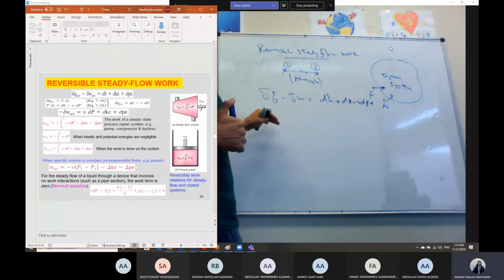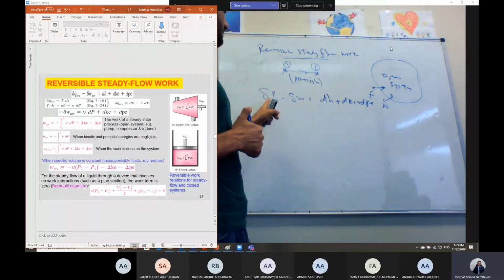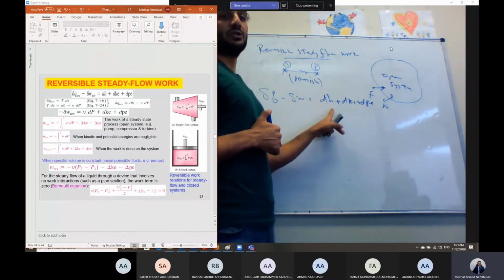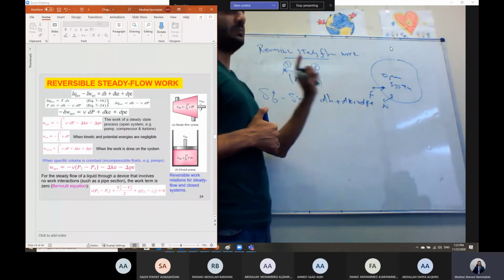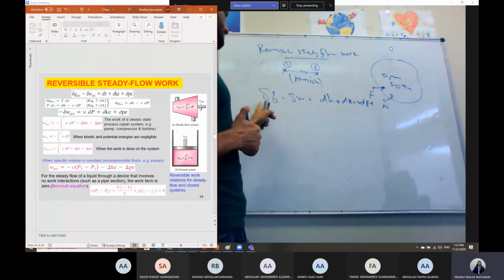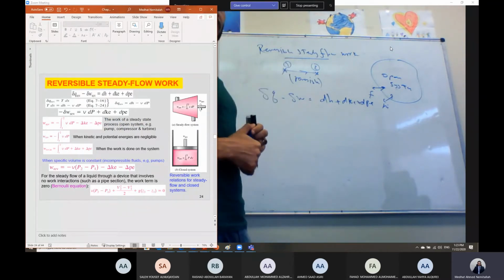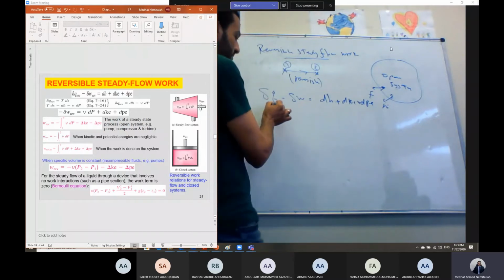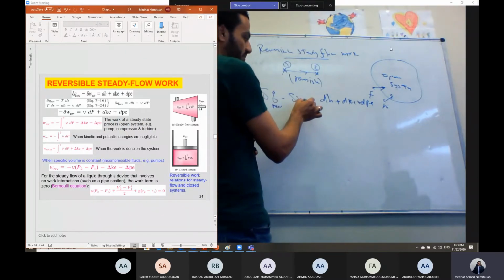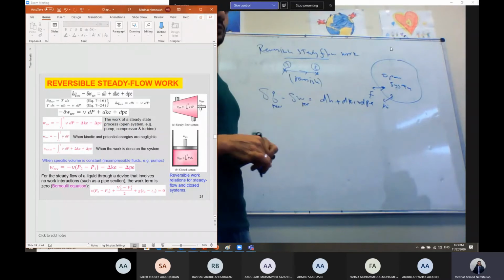I divide the two sides by m dot, then I get the specific form. So it will be Q minus work equals change of enthalpy plus a change in kinetic plus a change in potential. Then I just consider the differential form. We are considering the element in this case. But this process is reversible, so this is delta Q reversible, and this work is the reversible work or the maximum work.